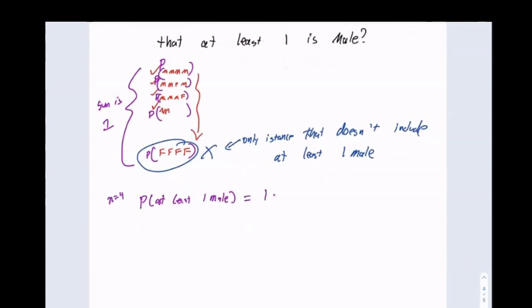It's 1 minus the probability of all not male. Or in other words, all female. All failures, as we had used the word, slash, in this case, failures are female, because I'm looking for a male.